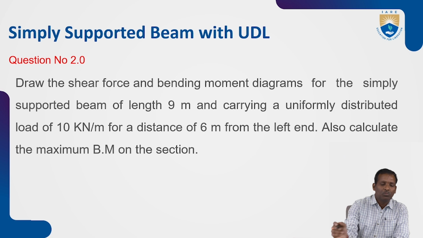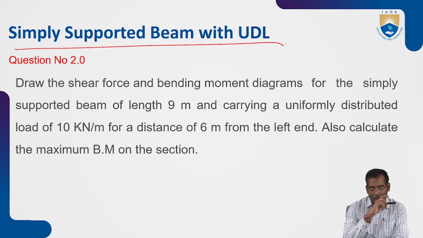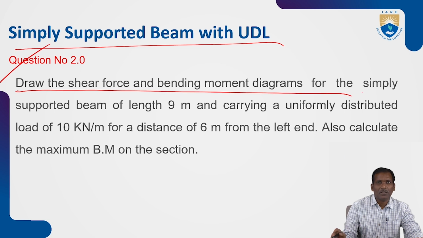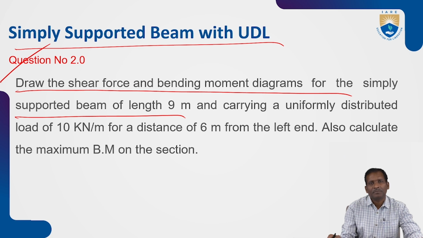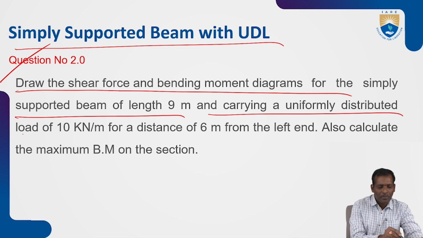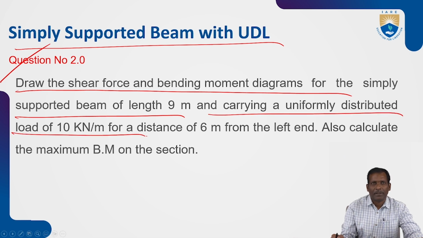Next, question number 2. So, this is related to simply supported beam with UDL, uniformly distributed load. So, question number 2, what he has asked is, read the given question. Draw the shear force and bending moment diagrams for the simply supported beam of length 9 meter and carrying a uniformly distributed load of 10 kilonewton per meter.